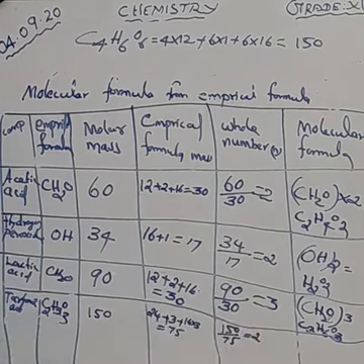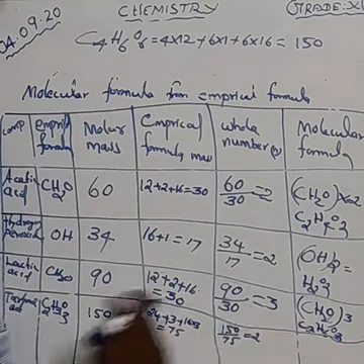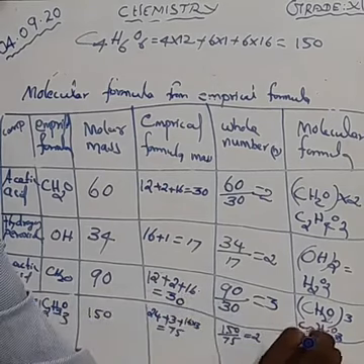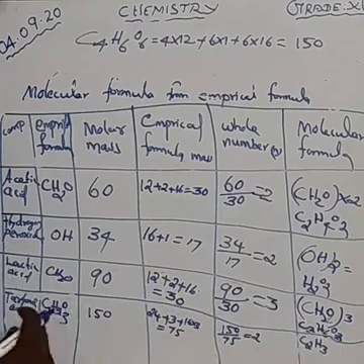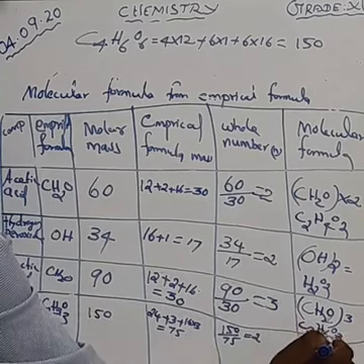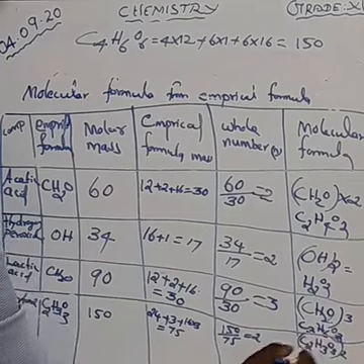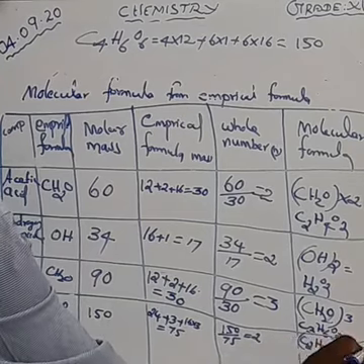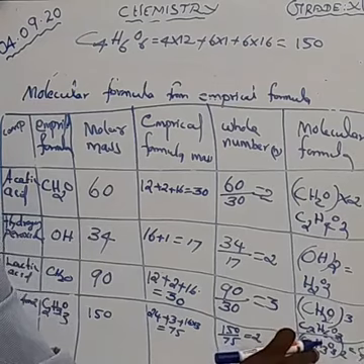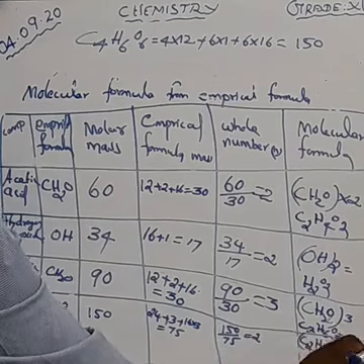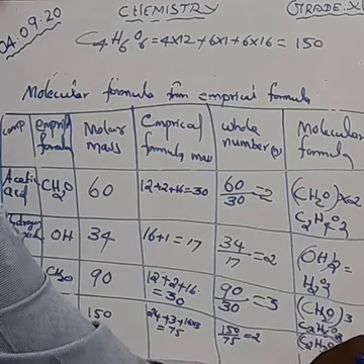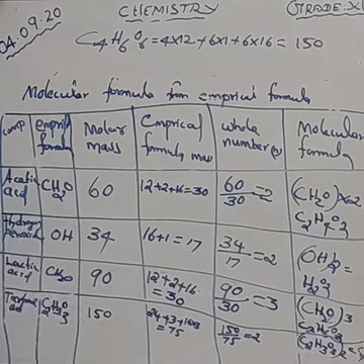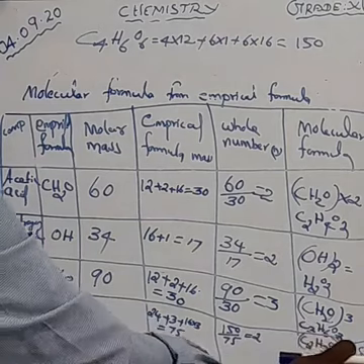We get answer 2. So, multiply by 2. That is C2H3O3 into 2. So what's the answer? 2 twos are 4. So carbon 4, hydrogen 3 twos are 6, H6, oxygen 3 twos are 6, oxygen 6. So the formula is C4H6O6.